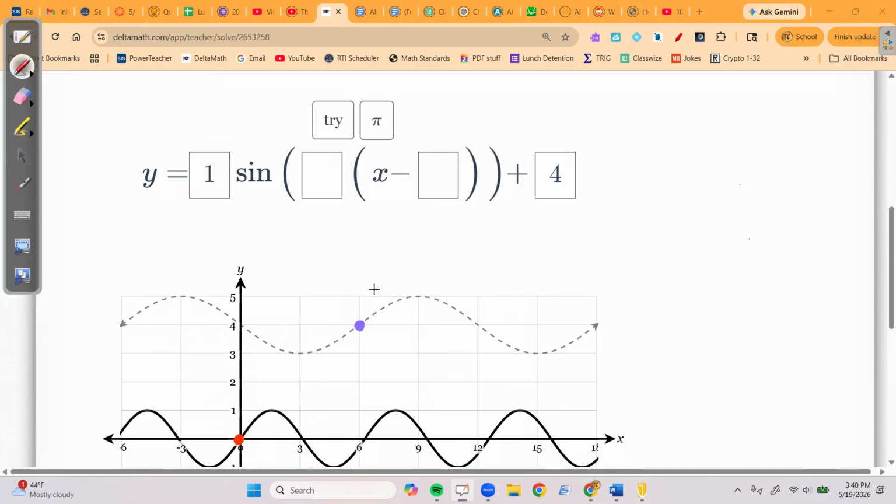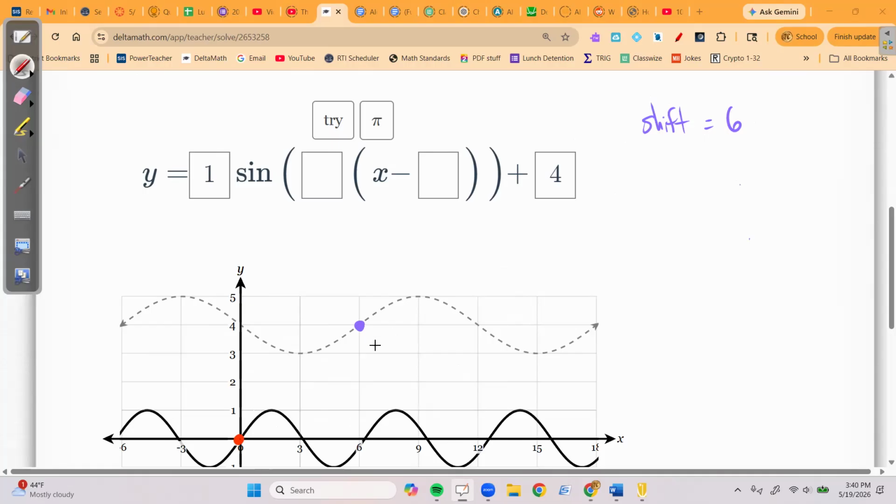If it were a cosine, we'd be having a different conversation. We wouldn't be looking for the point when it comes back up through the midline. We'd be looking for the point where it's up at the top. So the first thing that you and I perceive is that the shift is 6 units, 6 radians to the right.